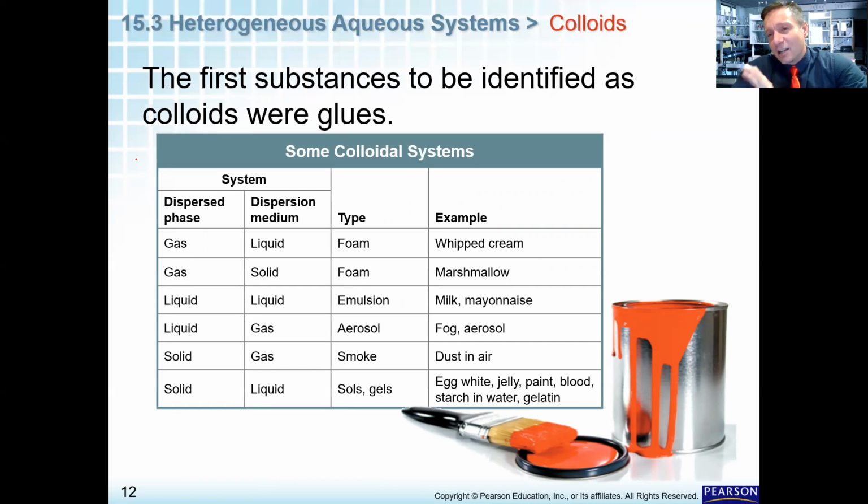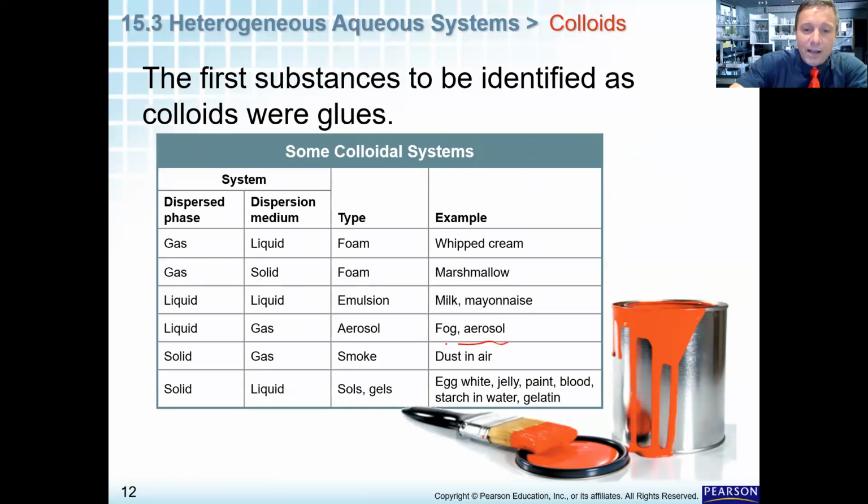A liquid colloid has a different name called an emulsion, and we'll talk about that a little bit. Milk and mayonnaise are emulsions because both are in a liquid state. If you shake up milk, you can see it floating, but you can set it on the counter and it's not going to fall to the bottom, it's just going to stay inside of that liquid.